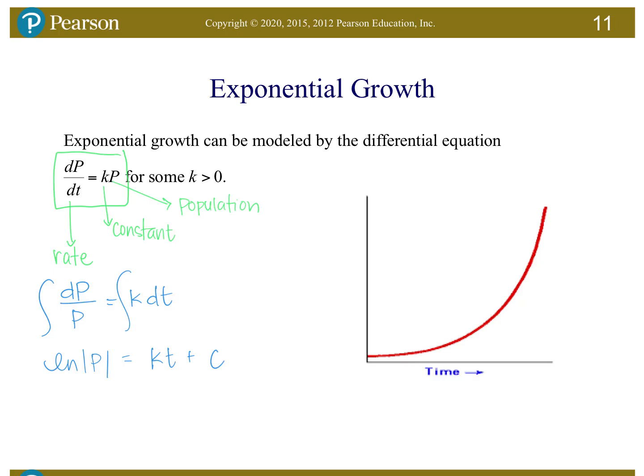And then when you get P alone, tell me, how would I get rid of that ln? e, right. So I'm going to have plus or minus, because of the absolute value, e to the kt plus a constant in parentheses up there.